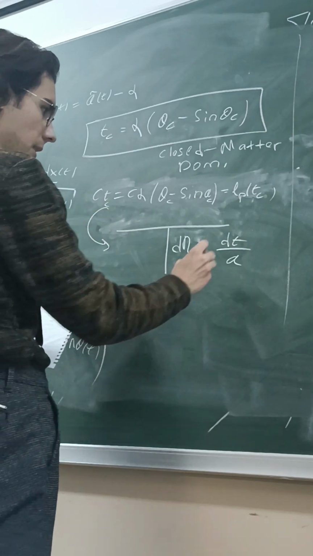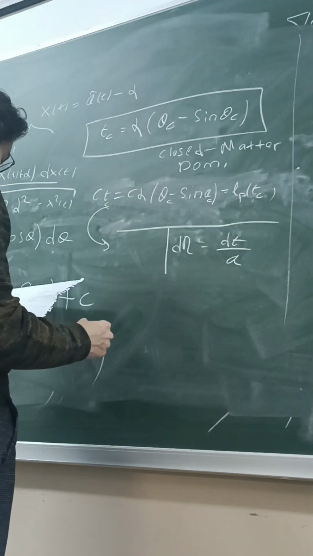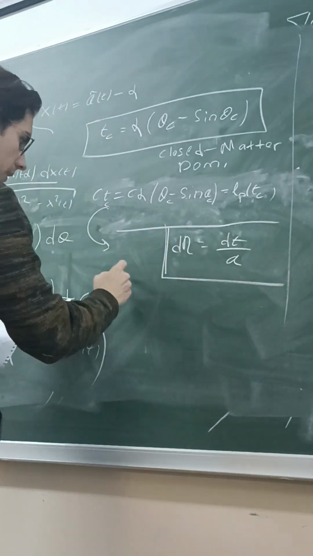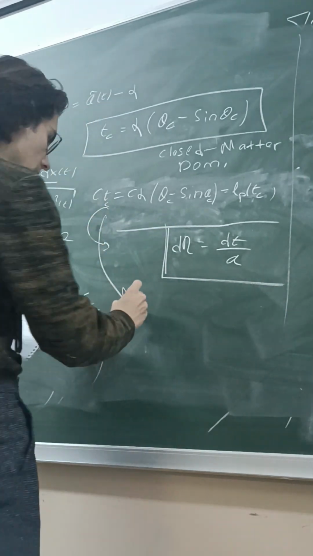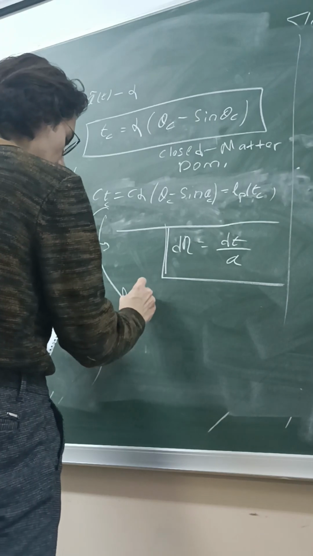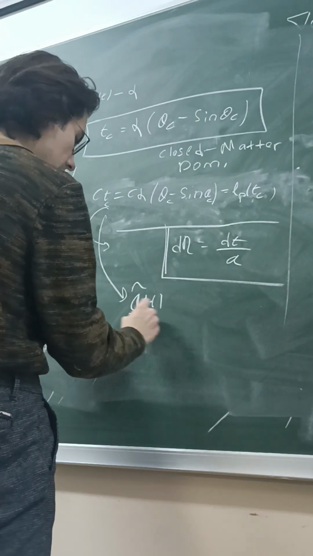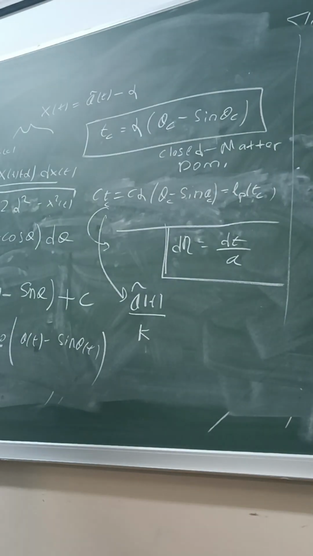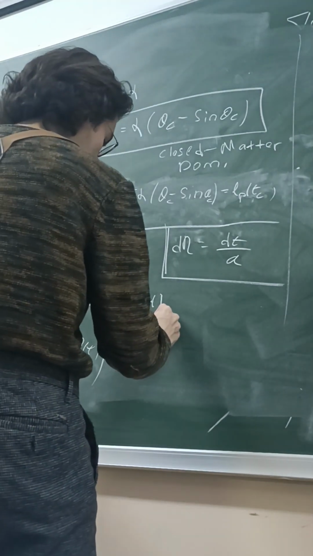This one is here actually, and this is another one. So we will keep going from here. I take that as the equation, a of t, but it was actually a of t divided by k to the half.